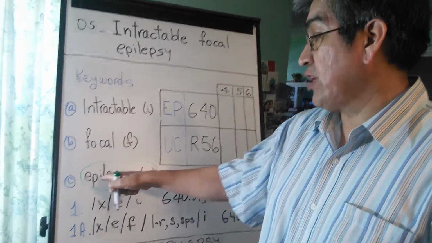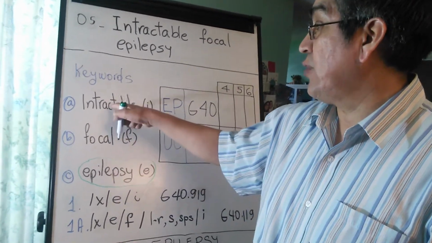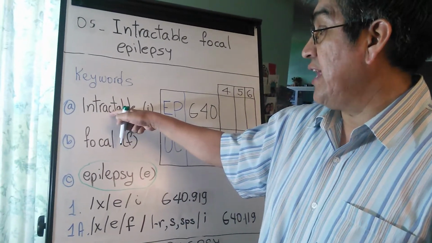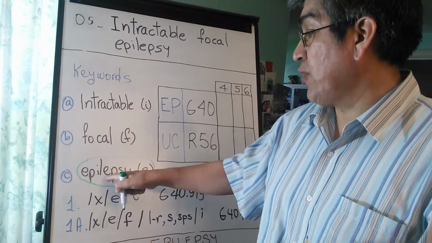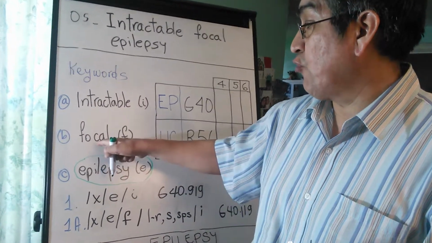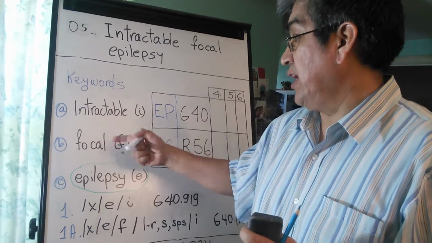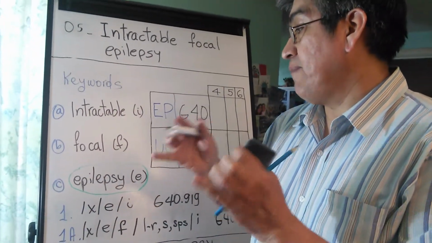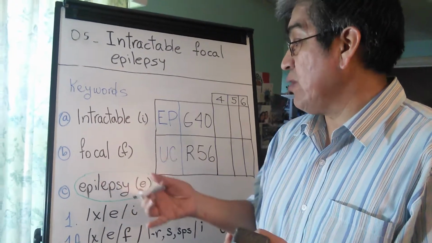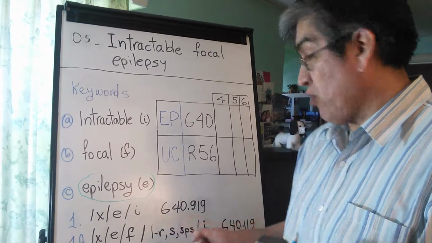We go to epilepsy first in the index, then try intractable, and then try to find focal. If we can't do that, we go to epilepsy, then focal, and then intractable and see if we can do it either way. The path that has the most keywords is probably the path we need to find the code.